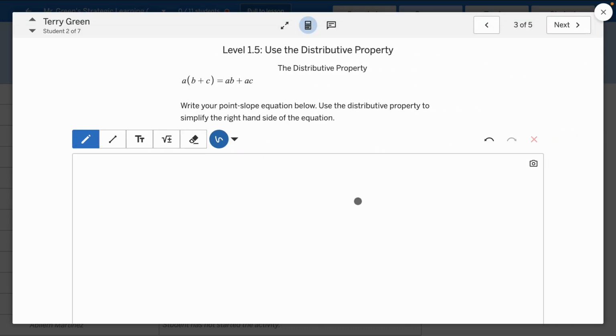Next, let's use the distributive property on that. So let's go ahead and write our equation again. This is the distributive property on the right side. Let's simplify the right-hand side of our equation.